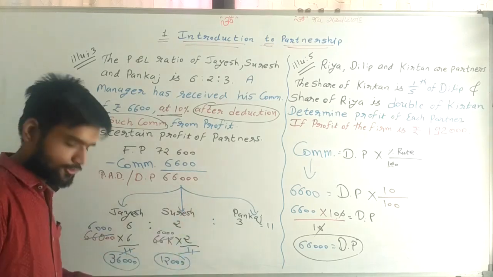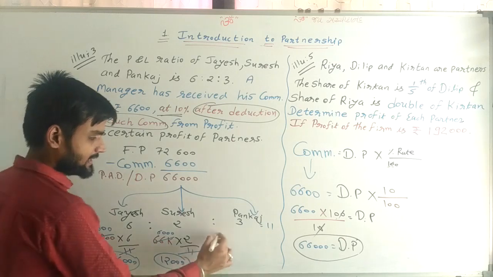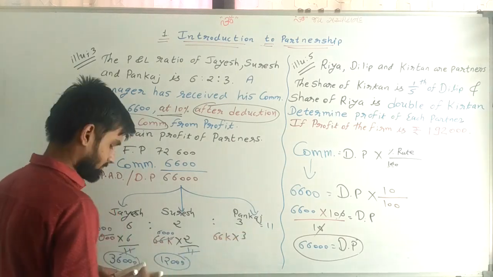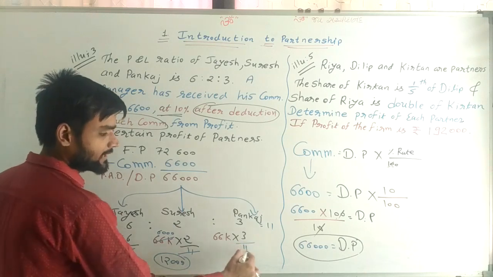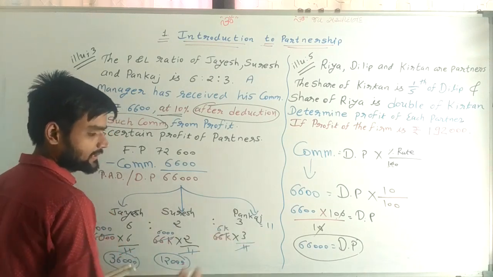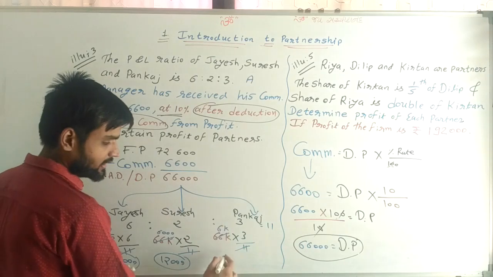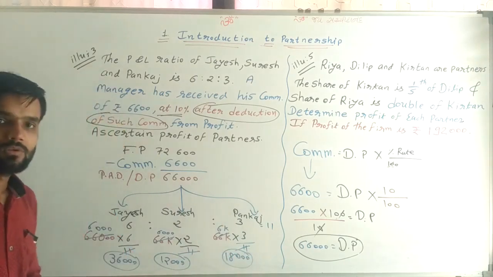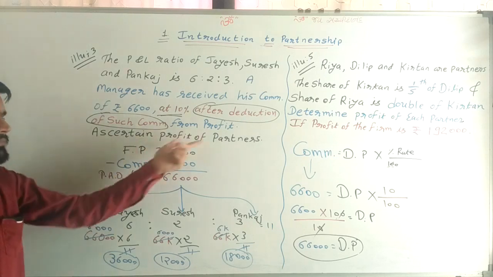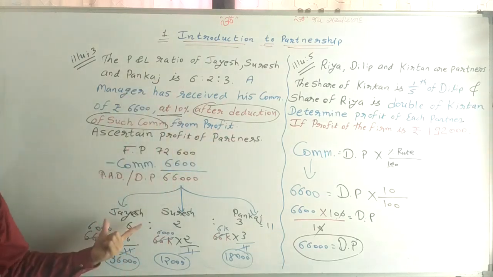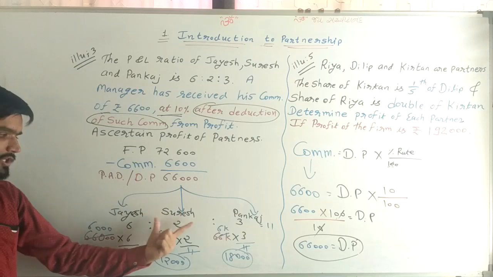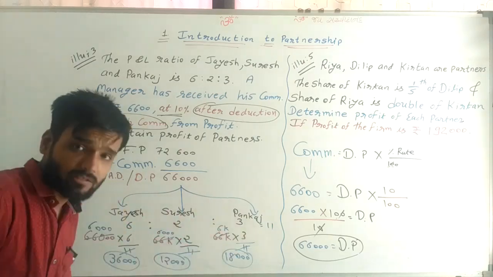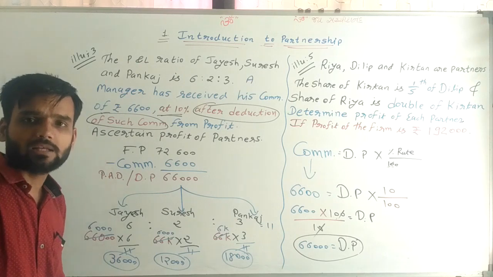And last one, Pankaj. 66,000 multiply with 3, divided by 11. 11, 6, 6,000 into 3. 6 3 18,000. So my question: ascertain the profit of partners. So the profit of partners: Jayesh is 36,000, Suresh is 12,000 and Pankaj is 18,000. That you have to write at the bottom of the answer.